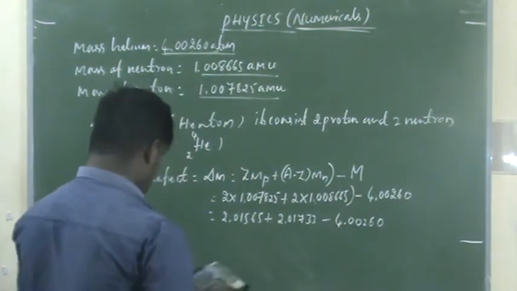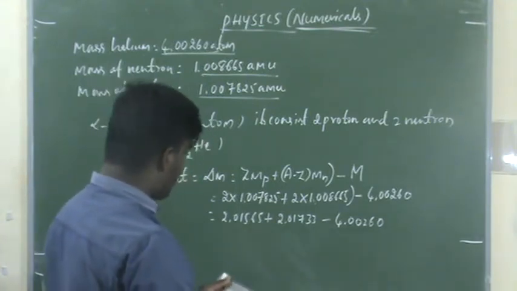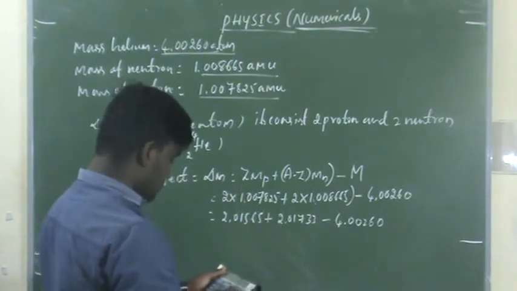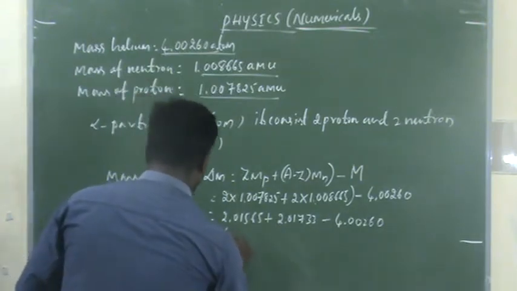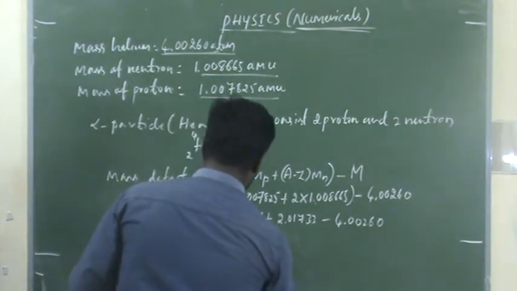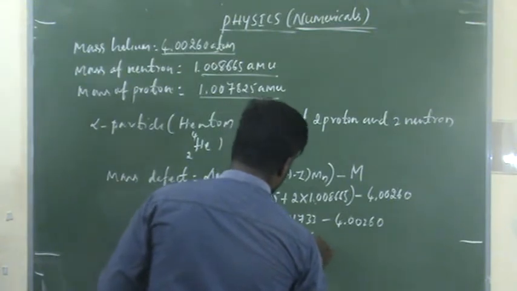Finally we get 2.01565 plus 2.01733, that is 4.03298, minus 4.00260.